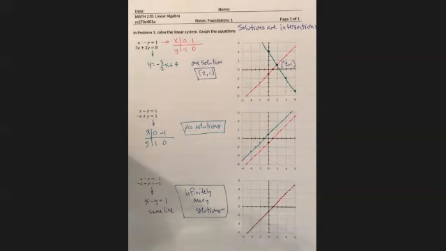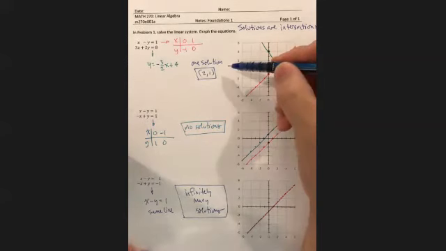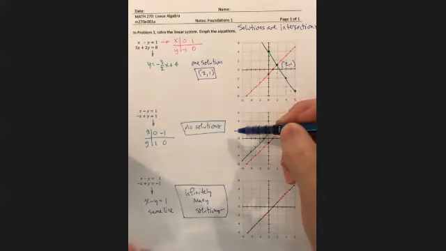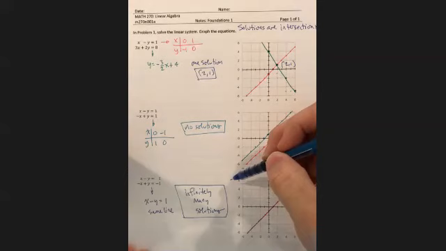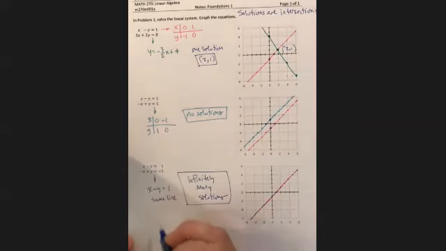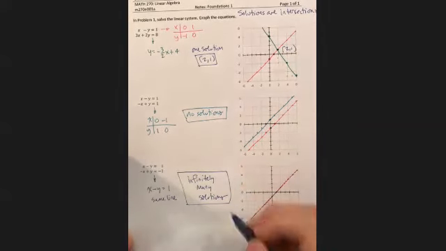A linear system can have one solution, no solutions, or infinitely many solutions. So these are the three possibilities for the solution set for a linear system. A linear system will have one of these three possibilities.